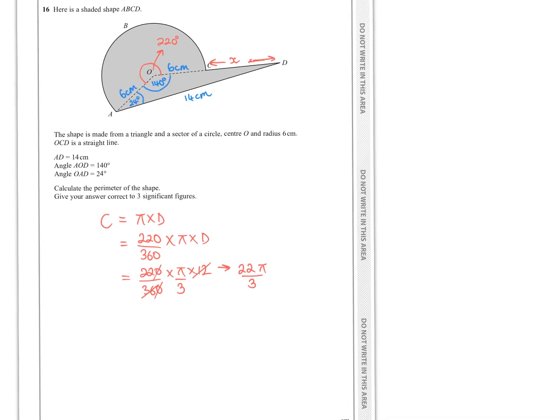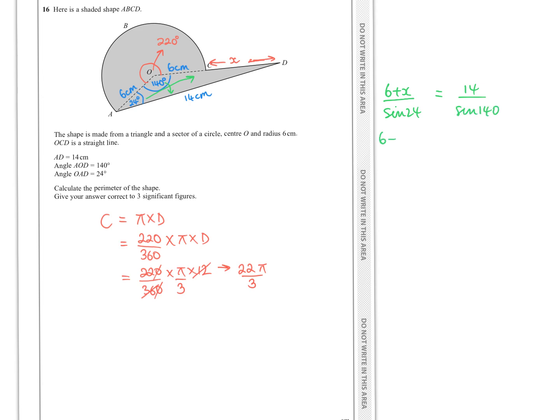What we've got to do now is try and work out the value of x. Well, luckily we're given this angle and this side, and then this angle, and we need to find part of that side, so we can use the sine rule. So we can say 6 plus x divided by sine 24 is equal to 14 over sine 140.